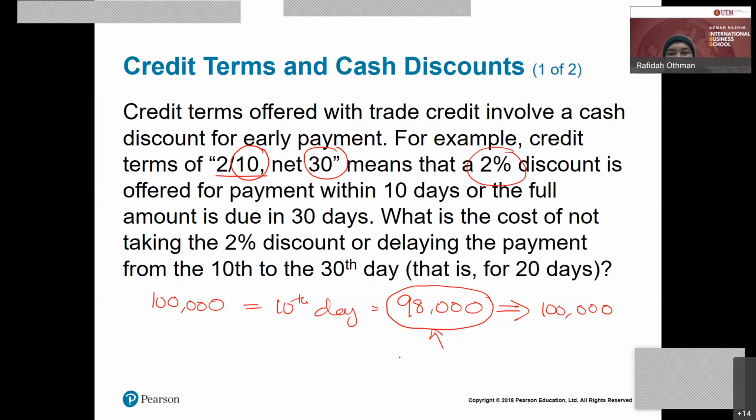So if you want to delay the payment, meaning that you need to use this money, right? So you say, okay, never mind, I have to let go of this cash discount because I need additional funds to pay some other expenses. Okay, so you may do that.